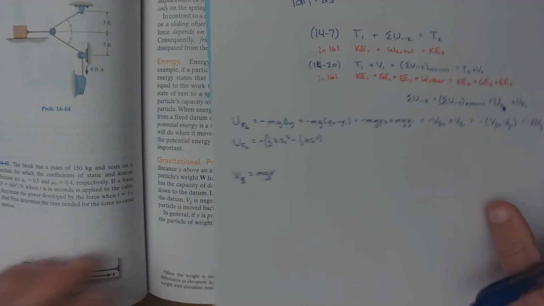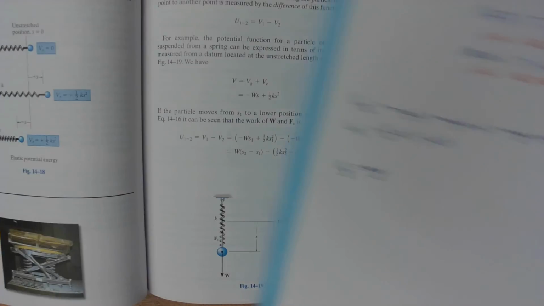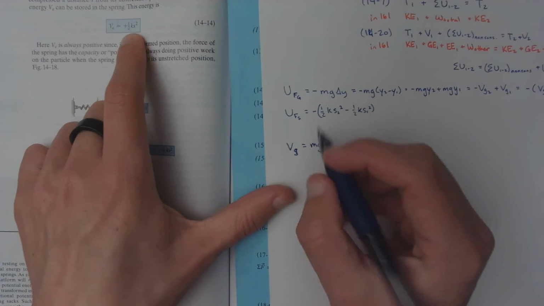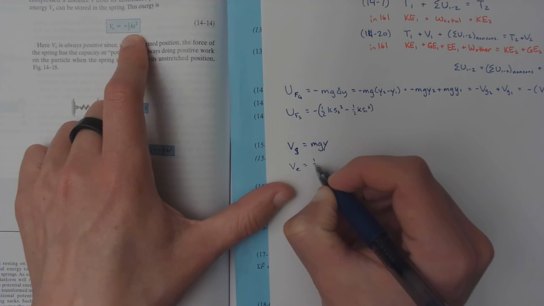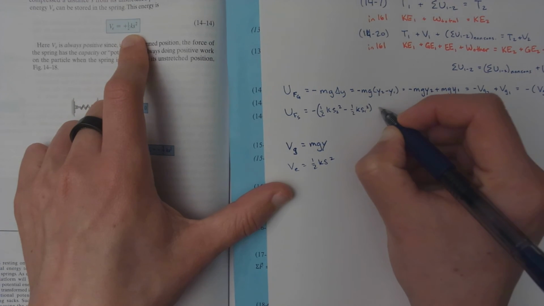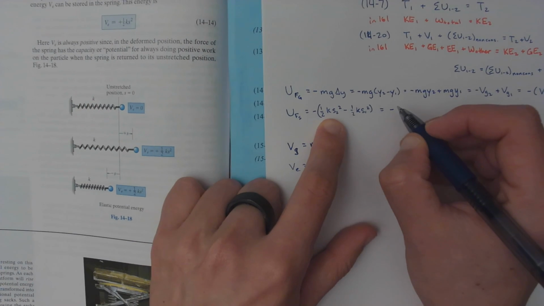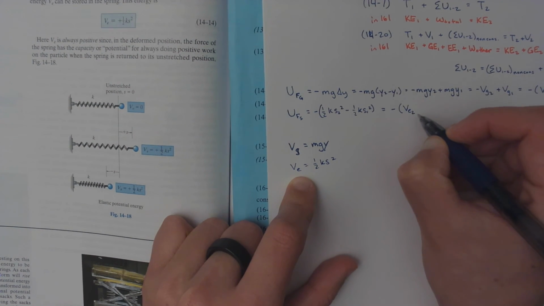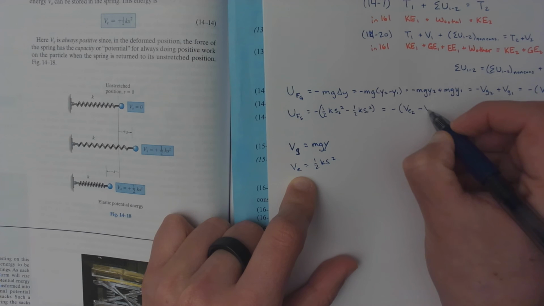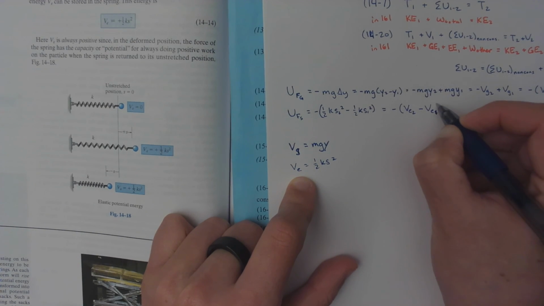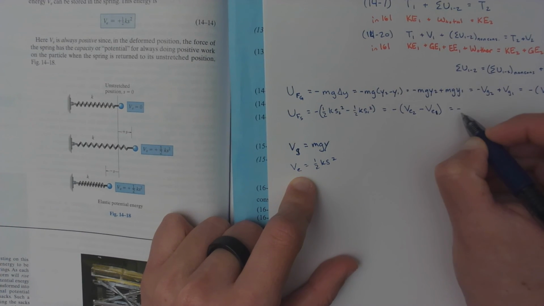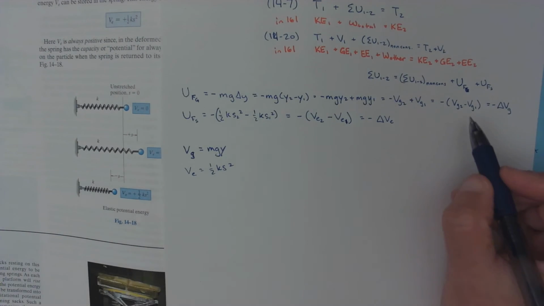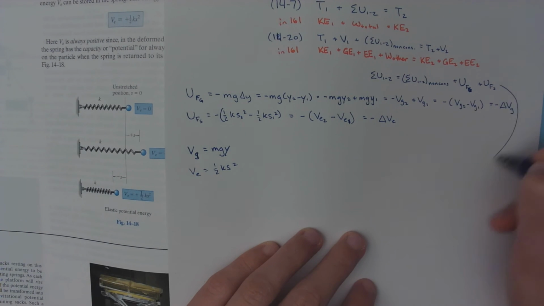Okay, so now the elastic potential energy is 1/2 ks squared. So this becomes negative 1/2 ks2 squared, the final elastic potential energy, minus the initial elastic potential energy, so that is the change in elastic potential energy. Okay, so let's actually do this and see.